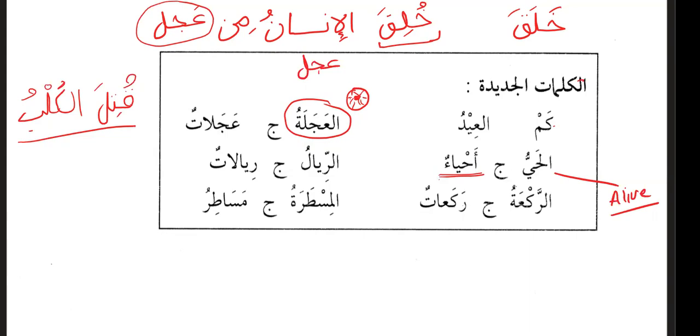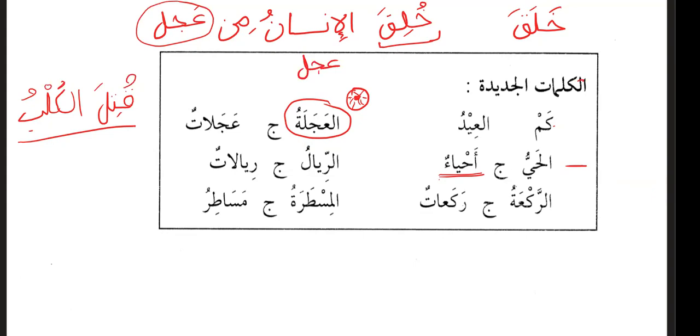It's the same word. Yeah. So you would say أنا أسكن في حي something. I live in the area of something. Don't get it mixed up with the word alive. So it all depends on the context. So al-hayy, area, its plural is ahya. And also the word alive, it's the same.